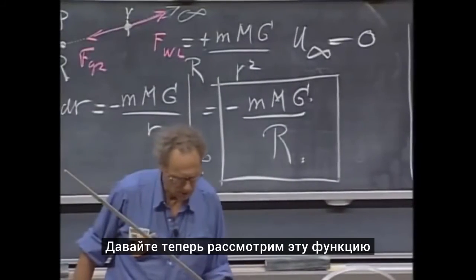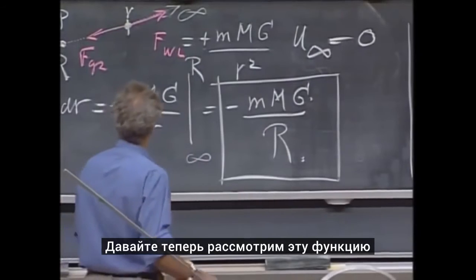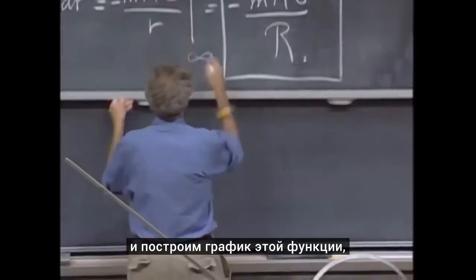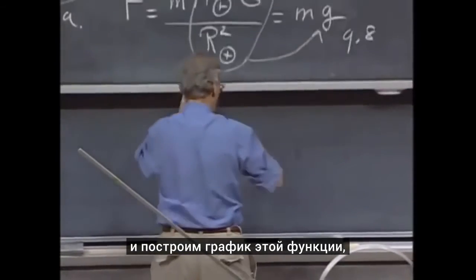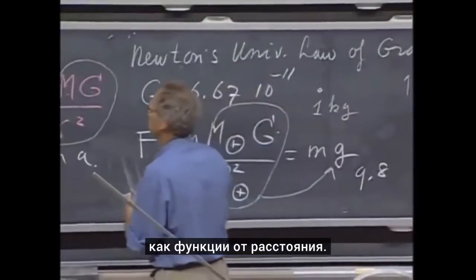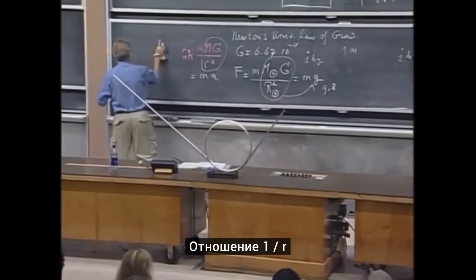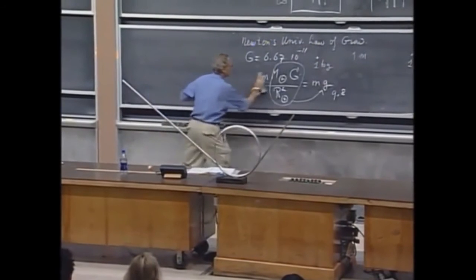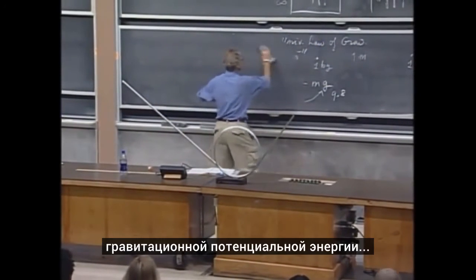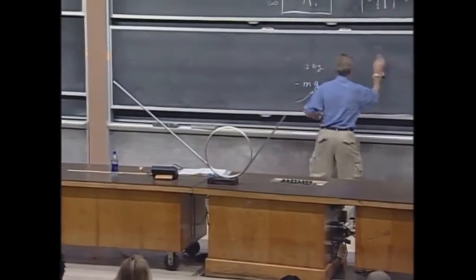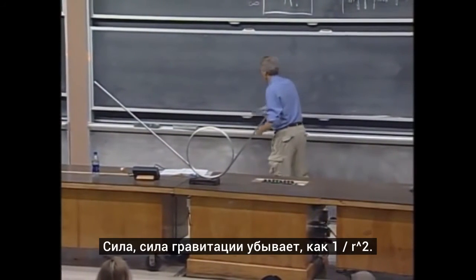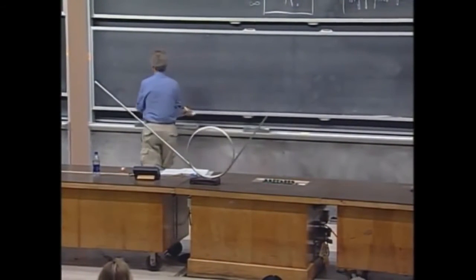So let's look at this function and let us make a plot of this function as a function of distance. There's a 1 over R relationship of the gravitational potential energy. The force, gravitational force, falls off as 1 over R squared.